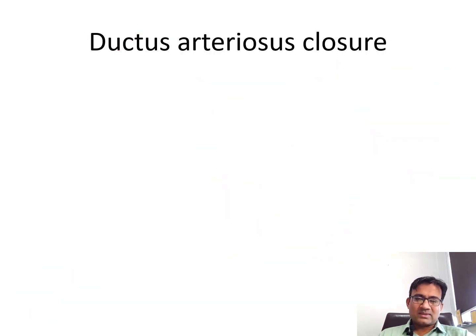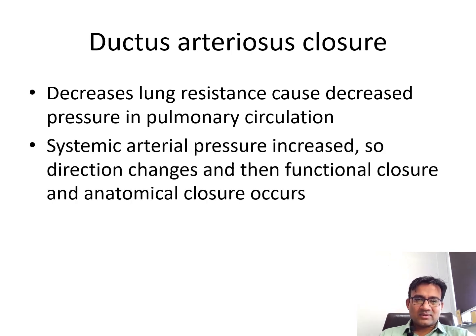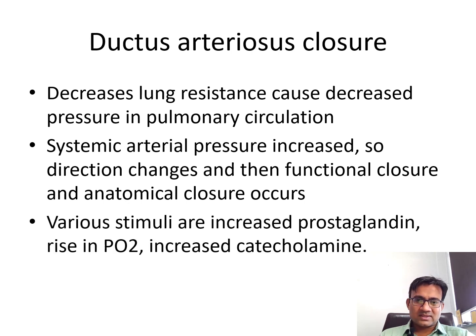So to summarize how the ductus arteriosus closes: there is decreased lung resistance. As a result, pressure in the pulmonary circulation will decrease. That is one thing. Next, systemic arterial pressure has increased. As a result, the direction changes. So functional closure occurs, followed by anatomical closure.